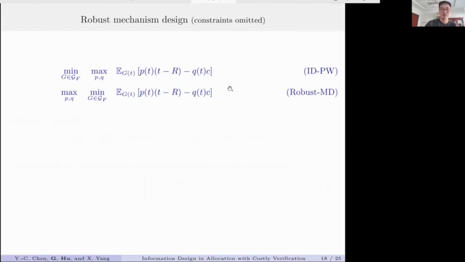And we have a mathematical result, the maximin inequality. The maximin value is no more than the minimax value. So this means that the principal worst information design problem will give us a payoff that's the upper bound of the principal's payoff from any robust mechanism.